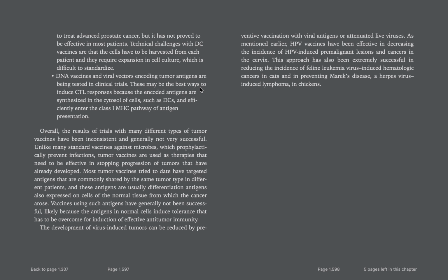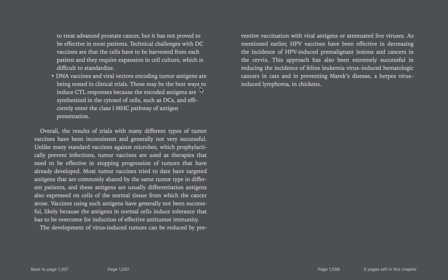Most tumor vaccines tried to date have targeted antigens that are commonly shared by the same tumor types in different patients, and these antigens are usually differentiation antigens also expressed on cells of the normal tissue from which the cancer arose. Vaccines using such antigens have generally not been successful, likely because the antigens in normal cells induce tolerance that has to be overcome for induction of effective anti-tumor immunity.